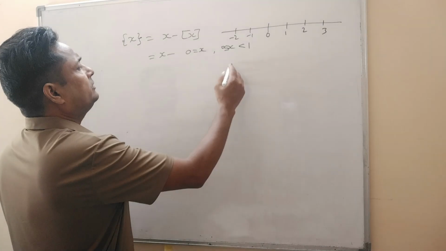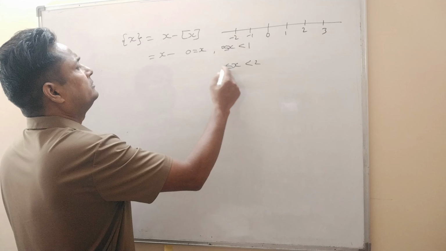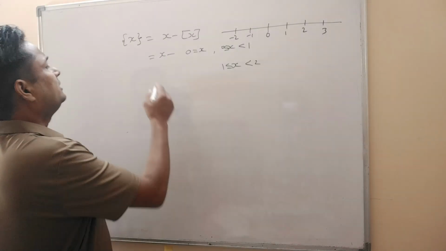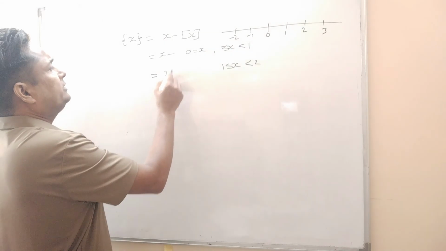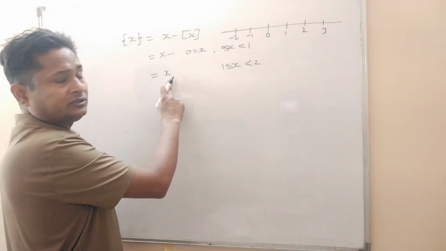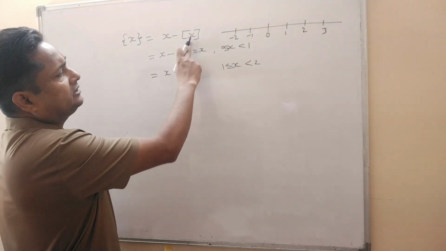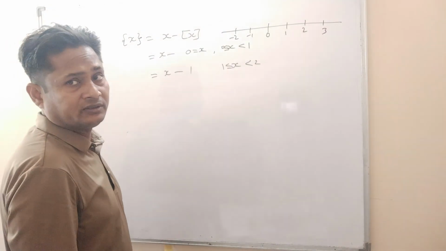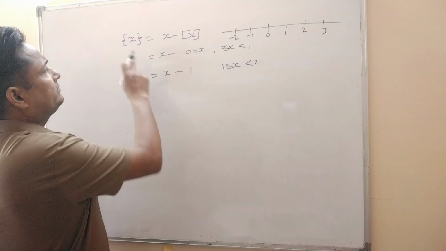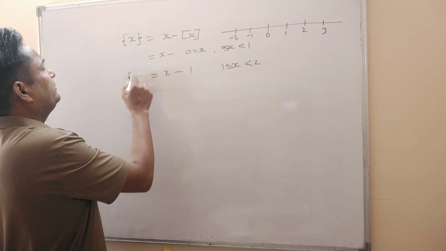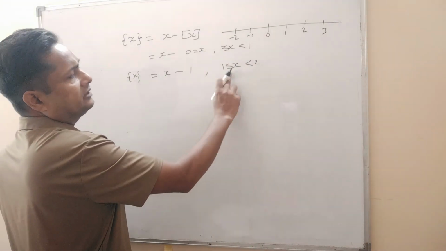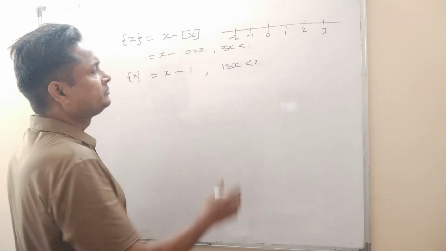Now if we take x in between 1 to 2, the greatest integer x gives the value 1. So the fractional function of x will be x minus 1 when x lies between 1 to 2.